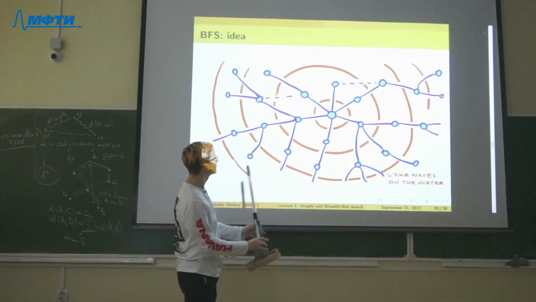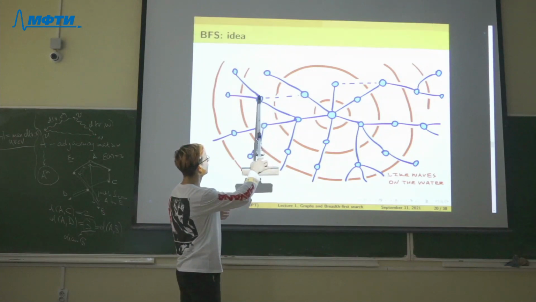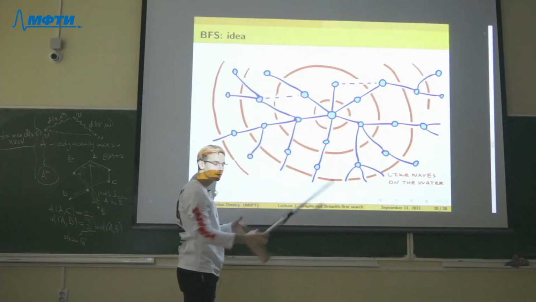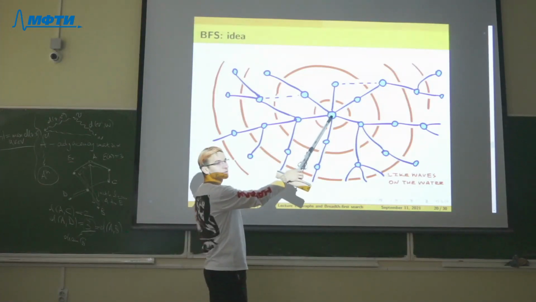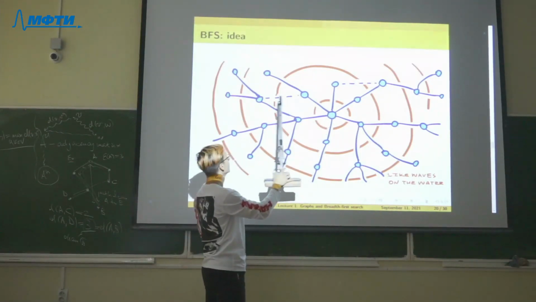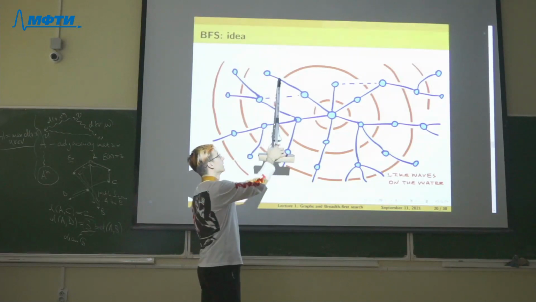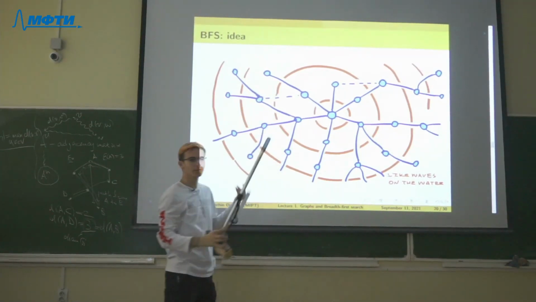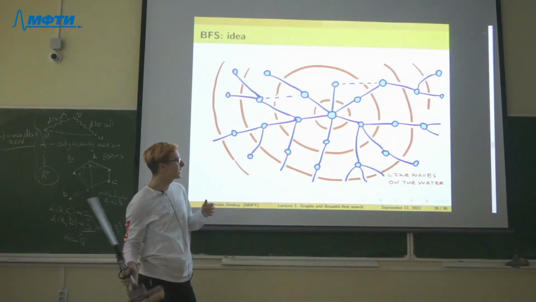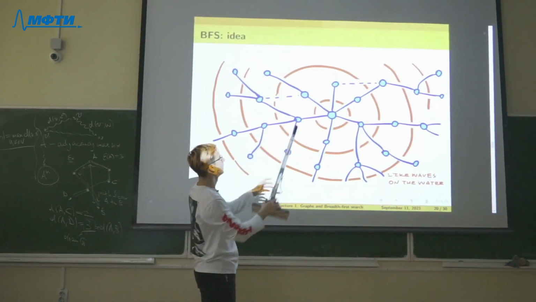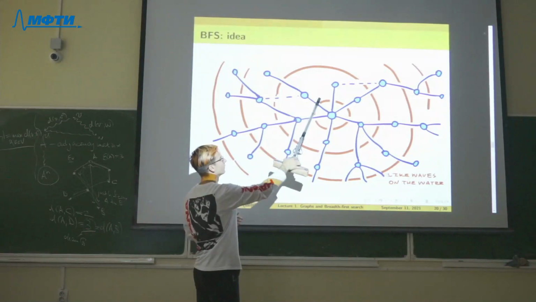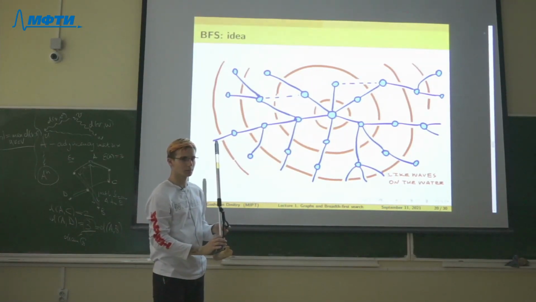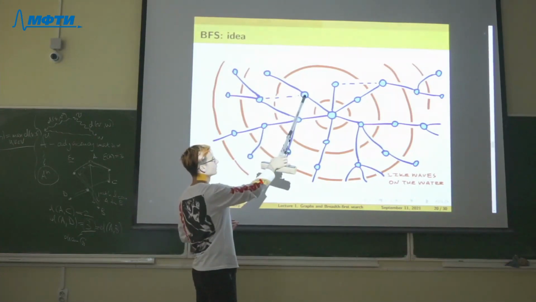And we need to visit all adjacent vertices and understand, is it explored? Explored. Is it explored? No. Yes. And then we add it to the queue. And we need to spend a number of steps equal to the degree of this vertex.